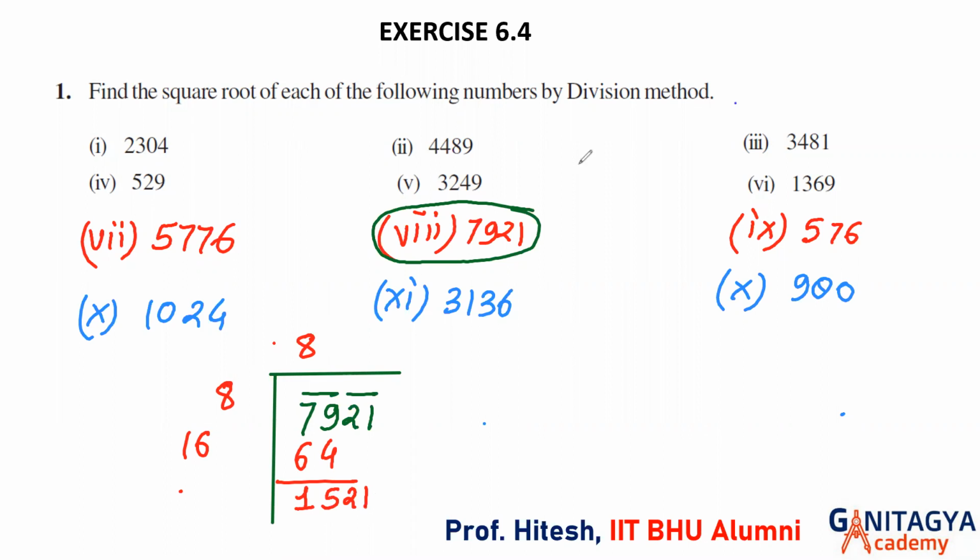So we have to find the number. Either we will take 9 or we will take 1, because the unit digit is 1. If you take 1, we will get nothing. But if you take 9, 169 into 9 is 1521. You can check. So the remainder will be 0. We will put 9 over here. So we can say the square root of 7921 will be 89.